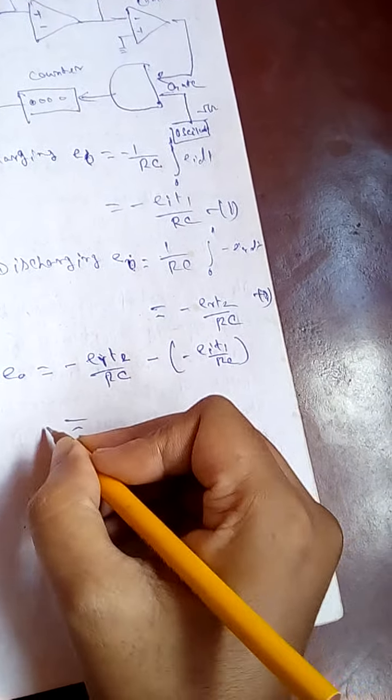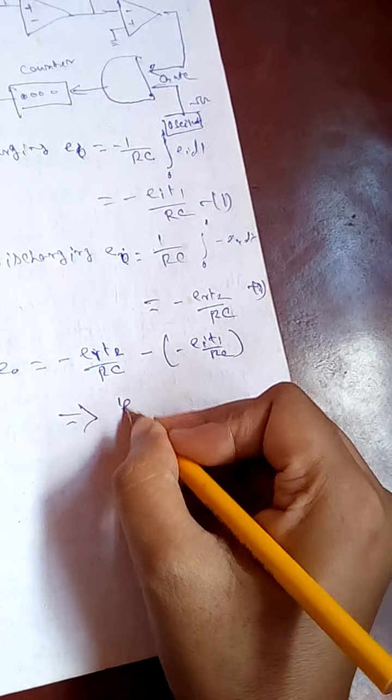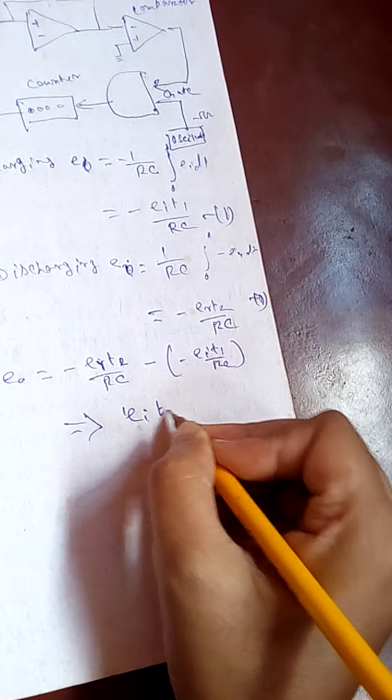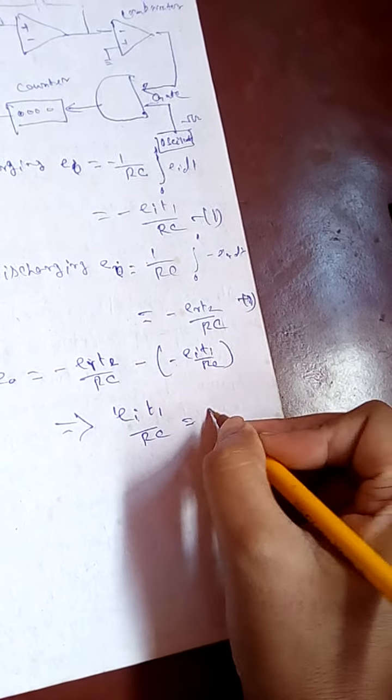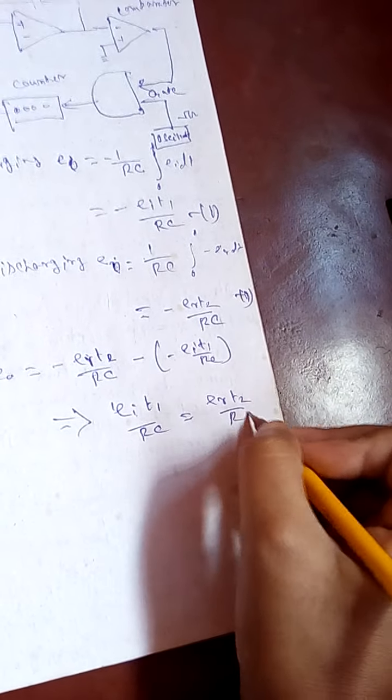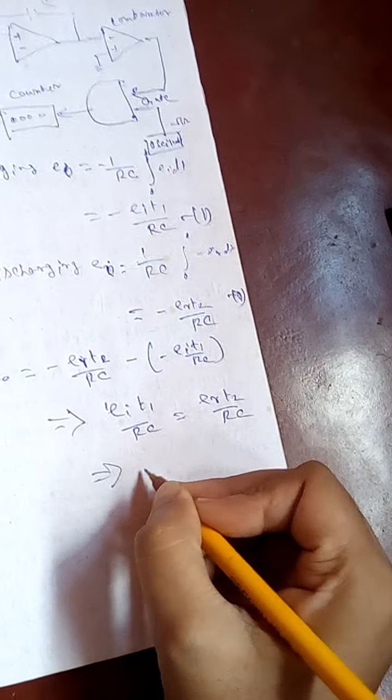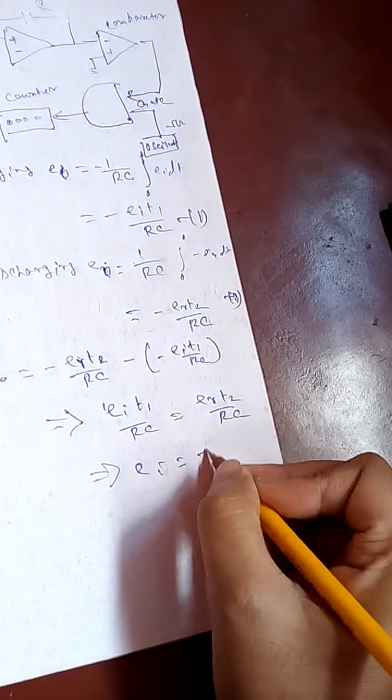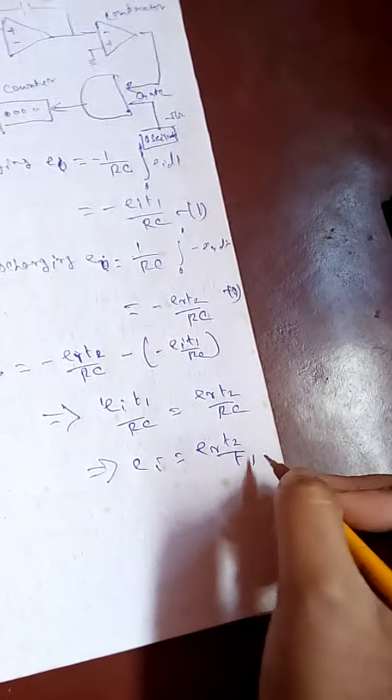At the output this is 0, so EI T1 by RC equals ER T2 by RC. So from that, EI equals ER T2 by T1.